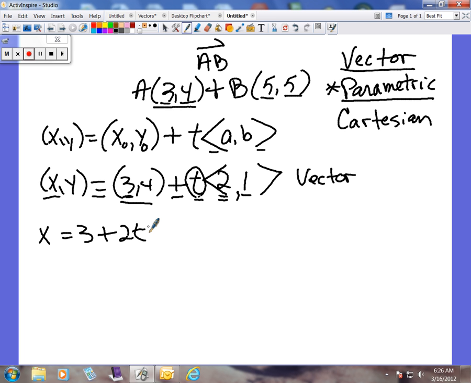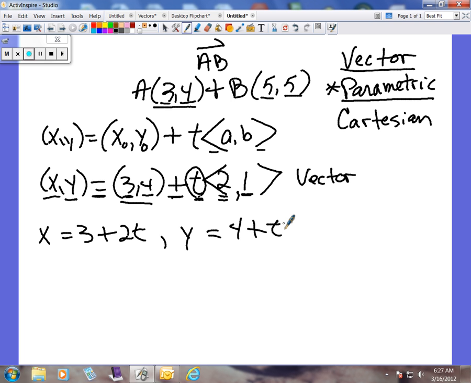So there's the first part of our parametric equation. Then we have y equals the y value 4 plus t times the y. 1 times t is t.